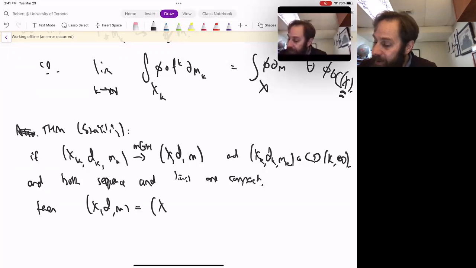And sometimes I may call the limiting space (X_infinity, d_infinity, m_infinity), which is also CD(K,infinity).